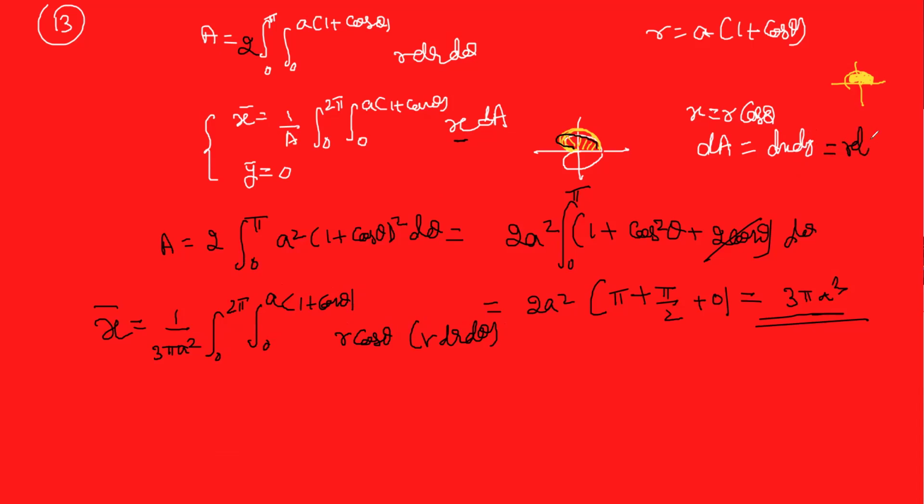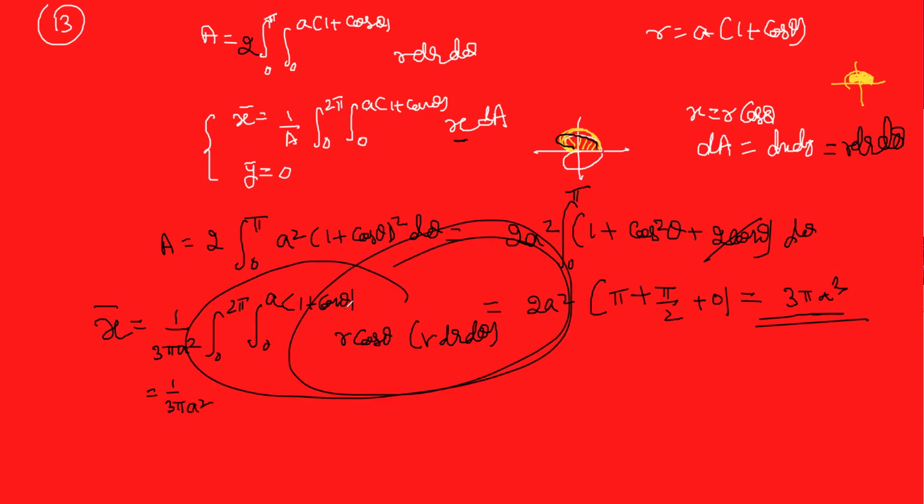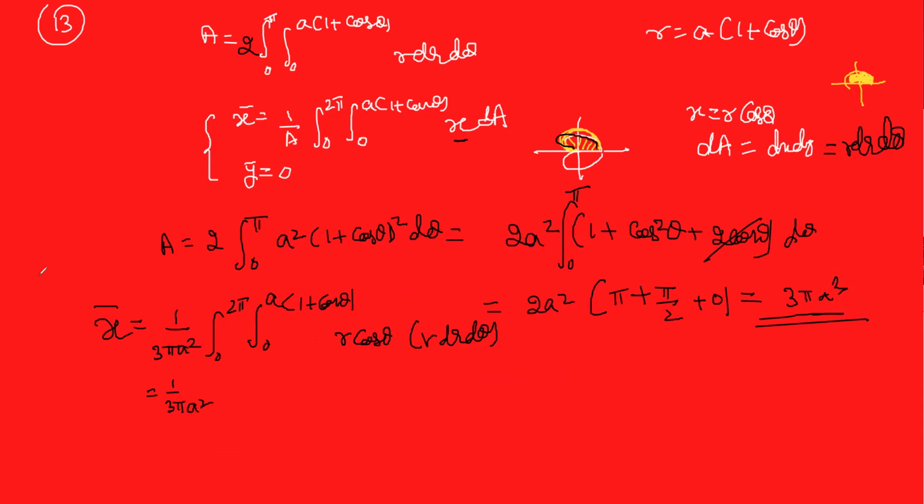But when you do in polar form, take r dr d theta. You solve like this. R square. It will be r cube. R cube means a cube, 1 plus cos theta whole cube.